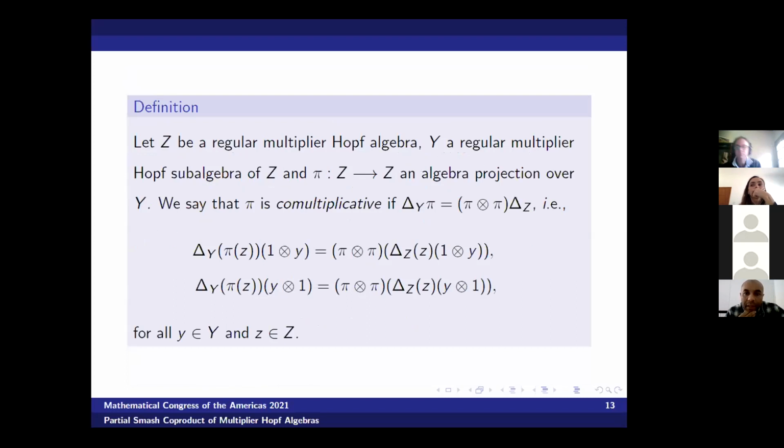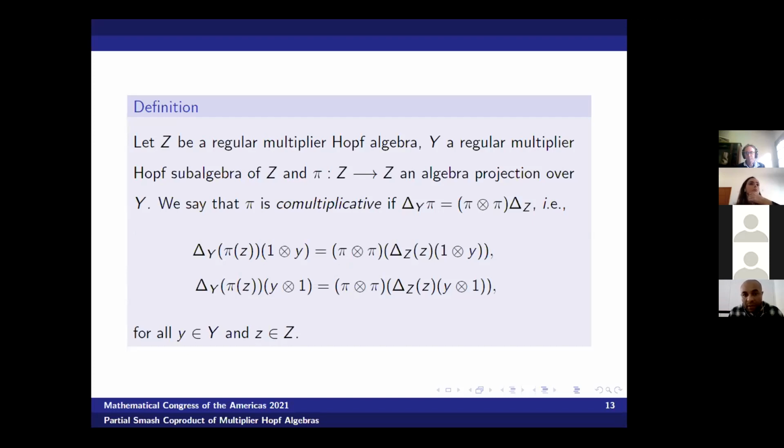Here we have another way to construct examples in this theory, using projections. This idea also appears in the Hopf context when we take some global structure, then we project to a subalgebra, and in the subalgebra we induce some partial structure.